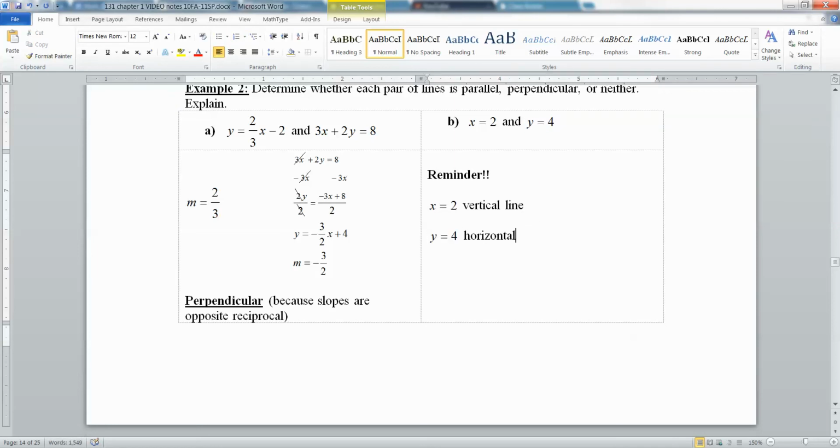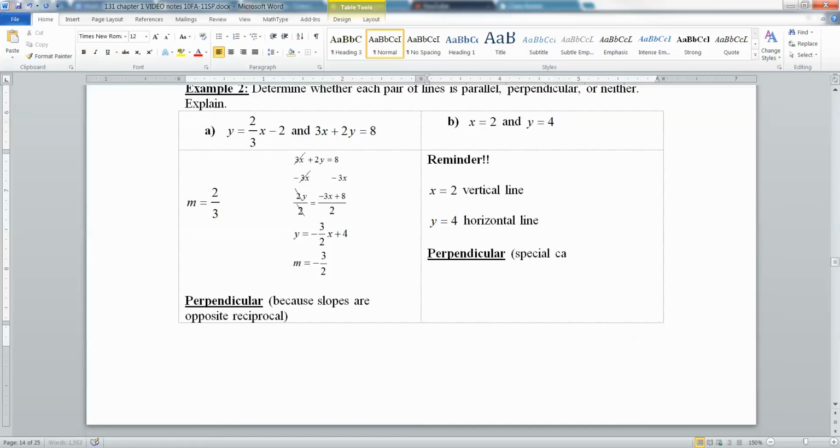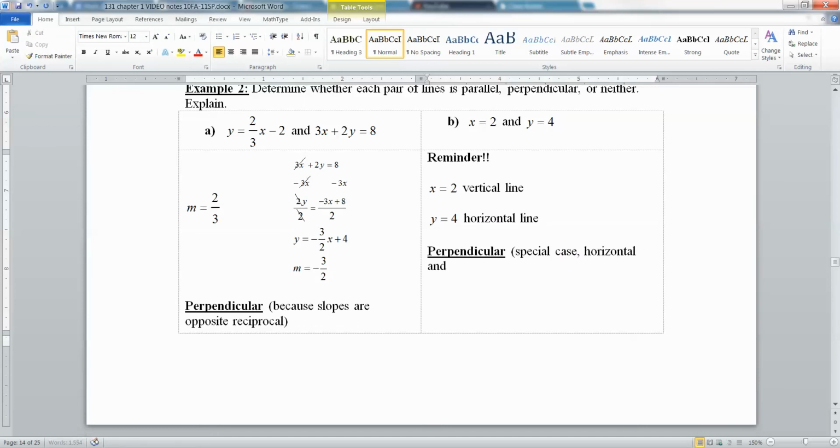I said it in the other videos, but I'll say it again. Hopefully we all know that horizontal and vertical are perpendicular to each other. That's how buildings get held up, that they form right angles with each other. So these are perpendicular. It's the special case. Horizontal and vertical lines are always perpendicular to each other.